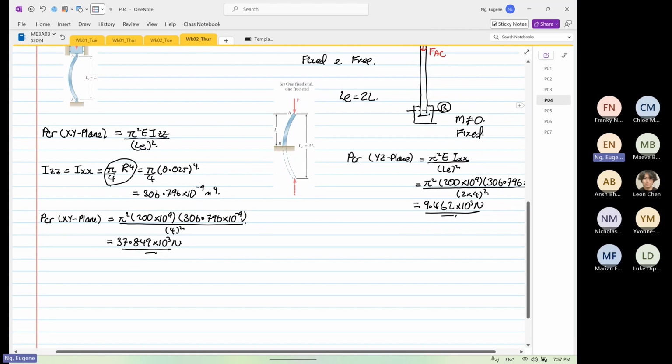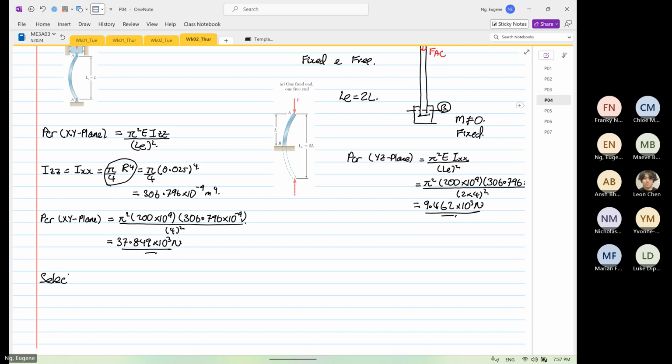So we have to select PCR about the YZ plane, and this is equal to 9.462 times 10 to the power 3 Newton.